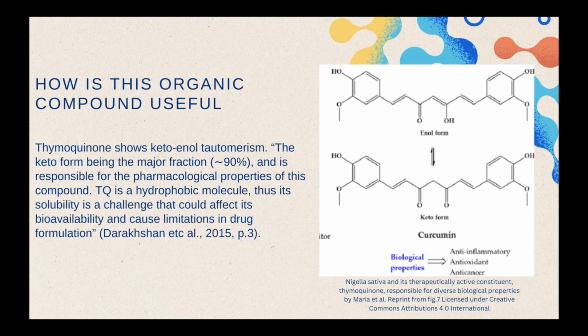However, thymoquinone is hydrophobic, which means it has problems with solubility and therefore its bioavailability is limited. So that means that if we ingest it, it can have trouble actually being absorbed in the body.